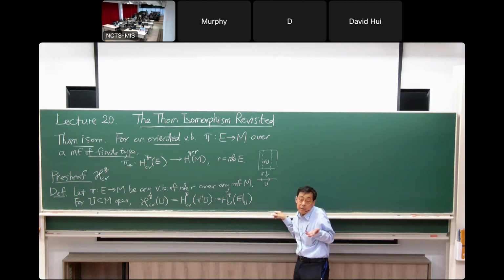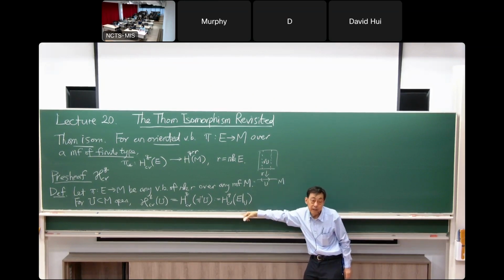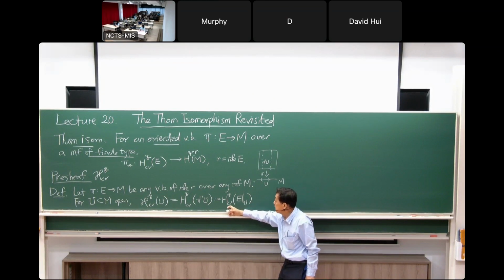Because a vector bundle is just a locally trivial family, locally it's a product. If it's locally a product on M, it's locally a product on any open set U. Okay? Yeah, so the cohomology with compact vertical support is defined. And this doesn't require an orientability assumption on the vector bundle or any assumption on the manifold, okay?